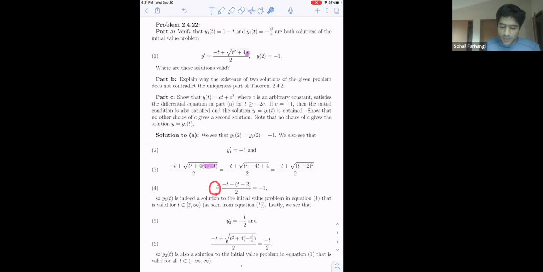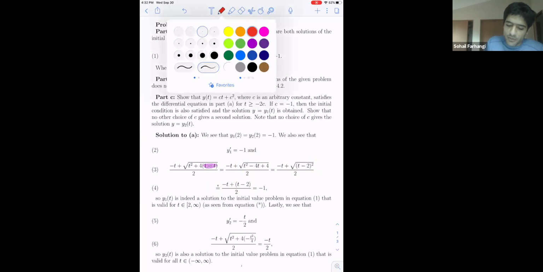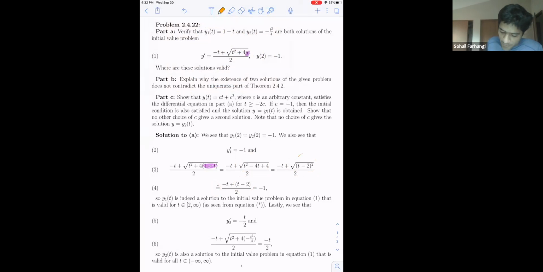And you can see I put a little star on this equation because there is a caveat. Normally, we know that the square root has two possible values. The square root can be positive or negative t minus 2. So the reason I put that star there is we need a reason to pick the positive t minus 2. And that's the following.